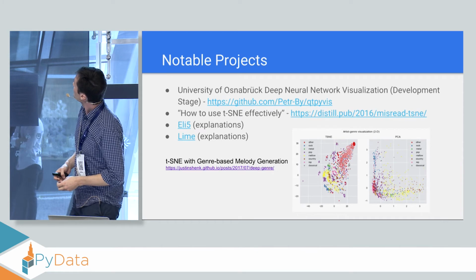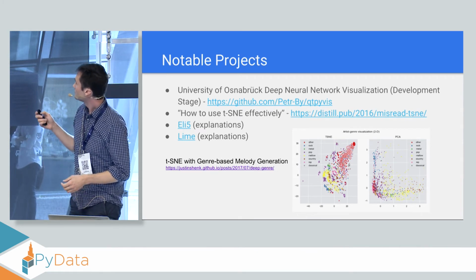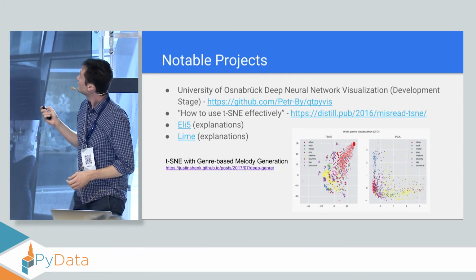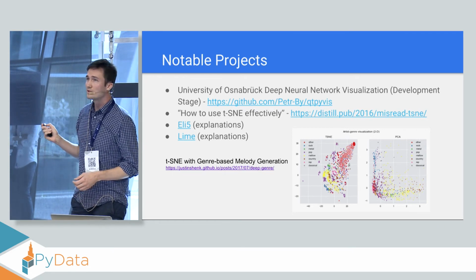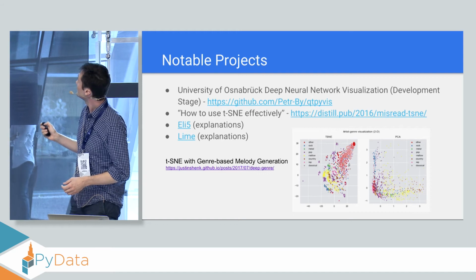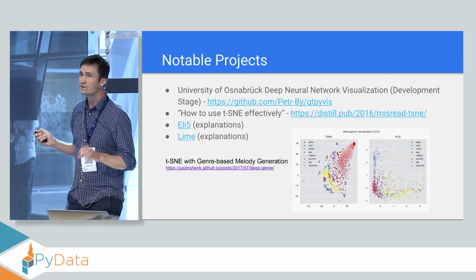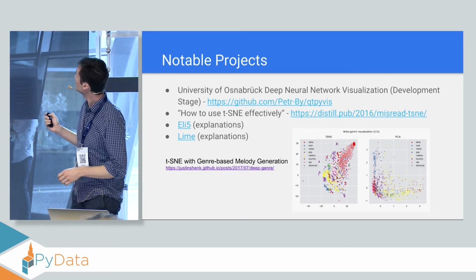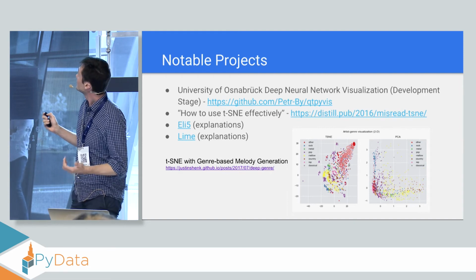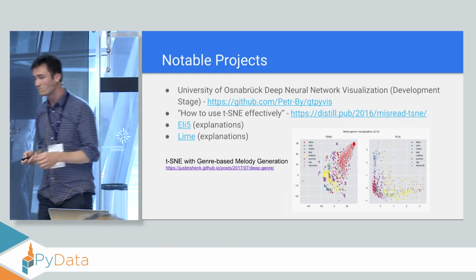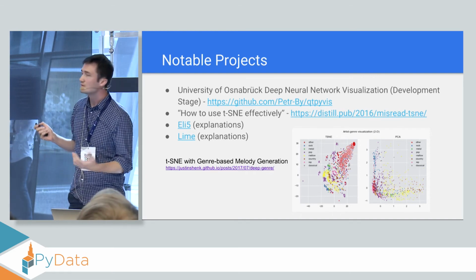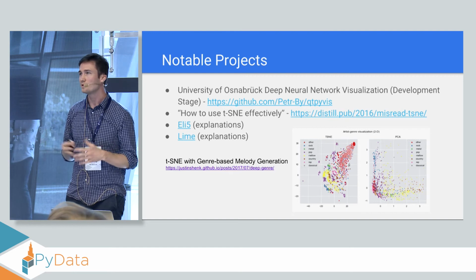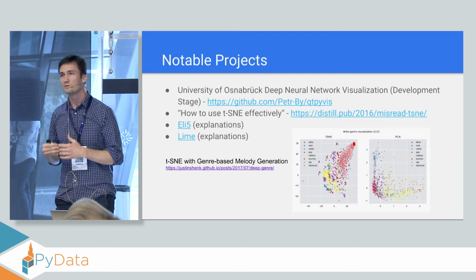And also there's a useful article, how to use t-SNE effectively. So t-SNE is so useful for visualizing the embeddings or to visualize the data distribution of high-dimensional data. So an example here, I created a genre music melody generator using Magenta, and I wanted to see what the distance was between different music genres.